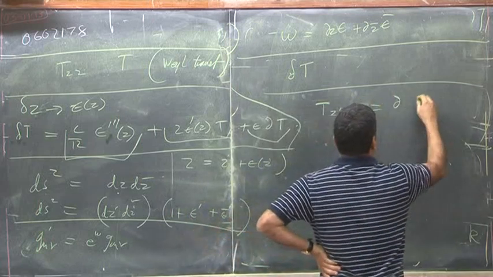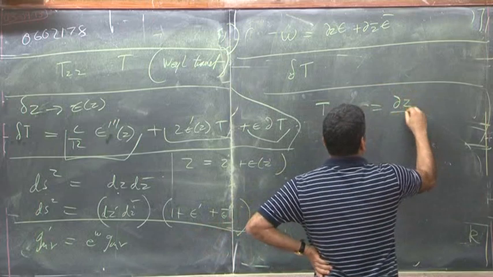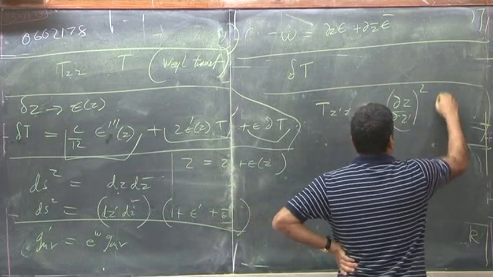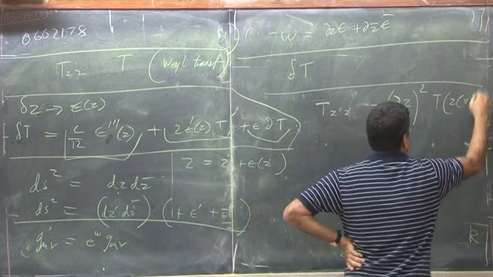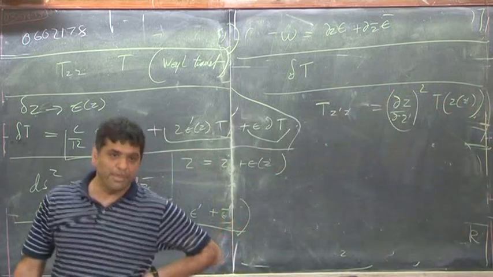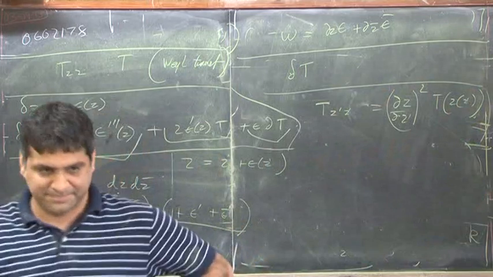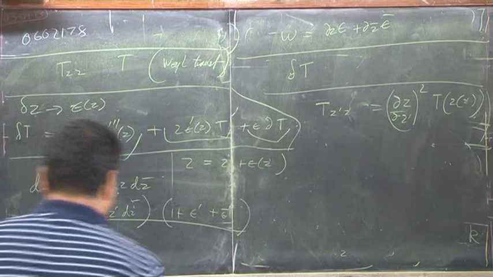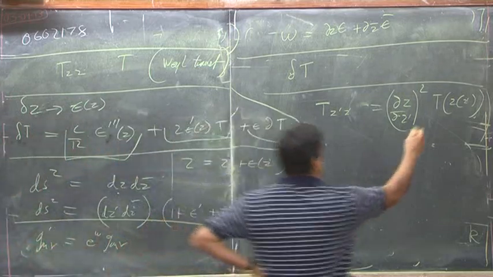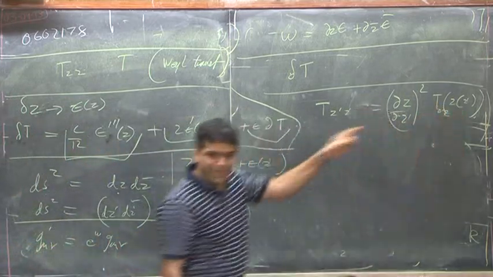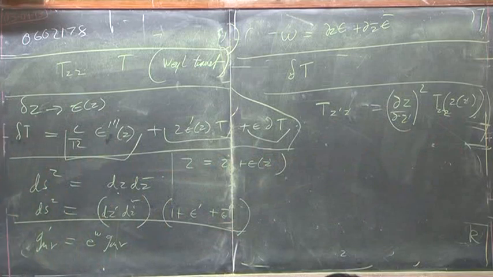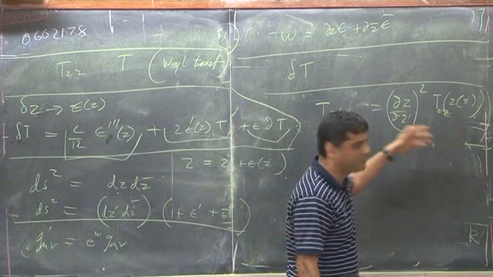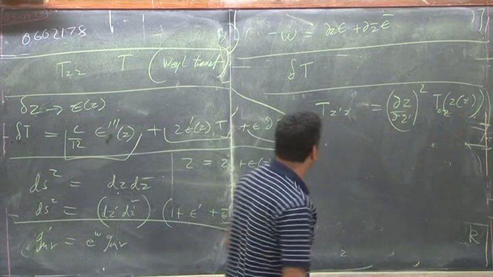This was equal to del Z by del Z prime squared T of Z. So it was a formula for the new stress tensor with lower indices in terms of the old stress tensor. This was a final formula, right? Suppose it was tensor transformations.